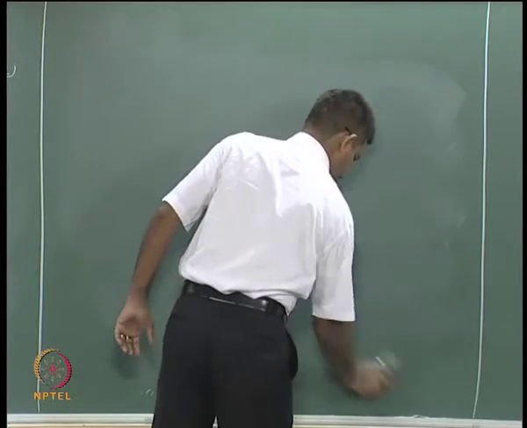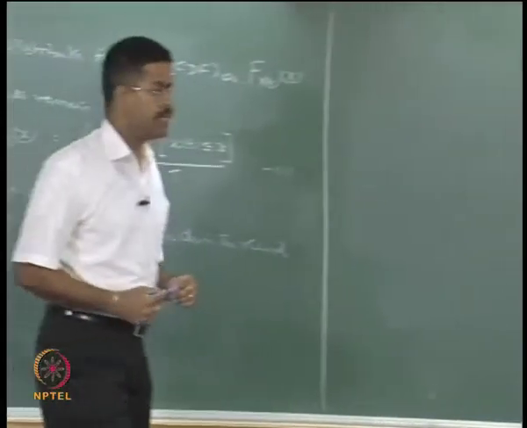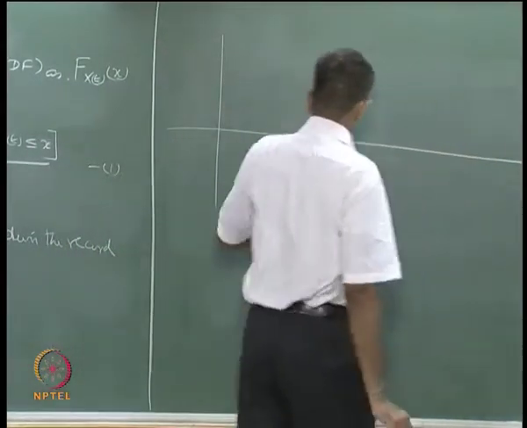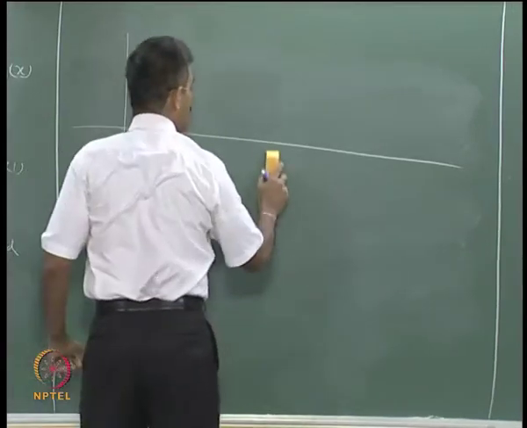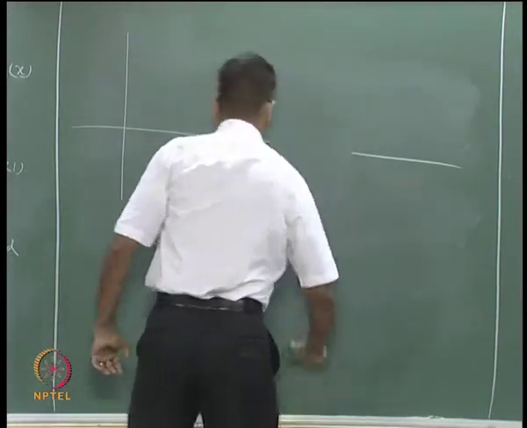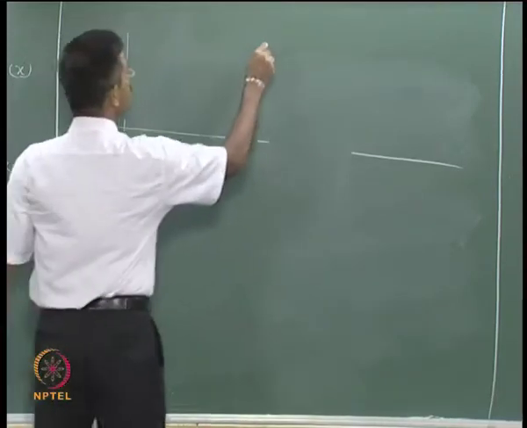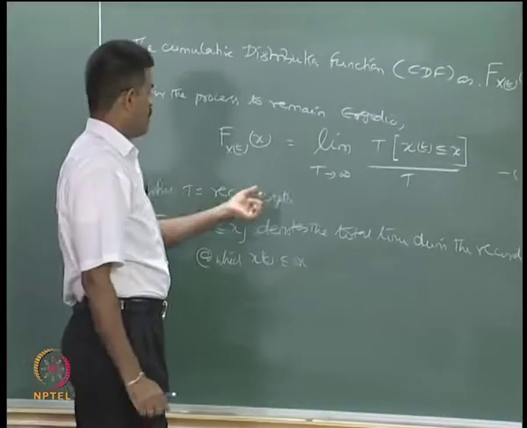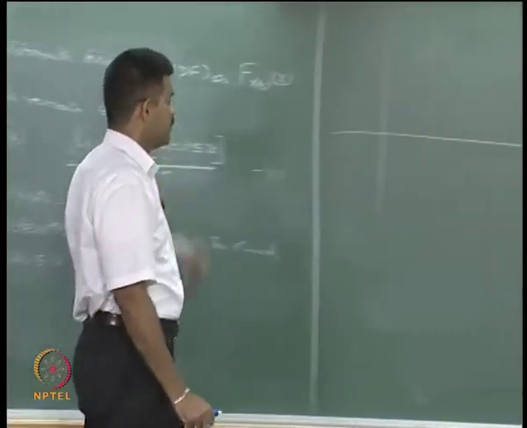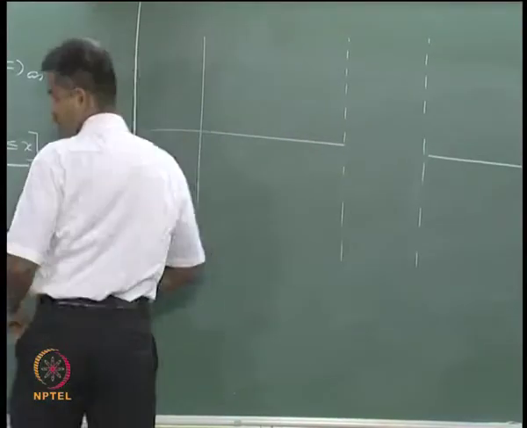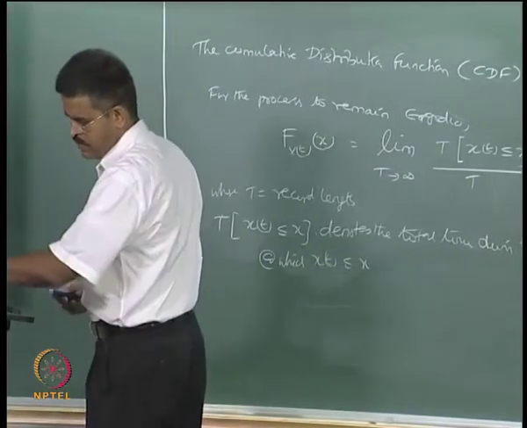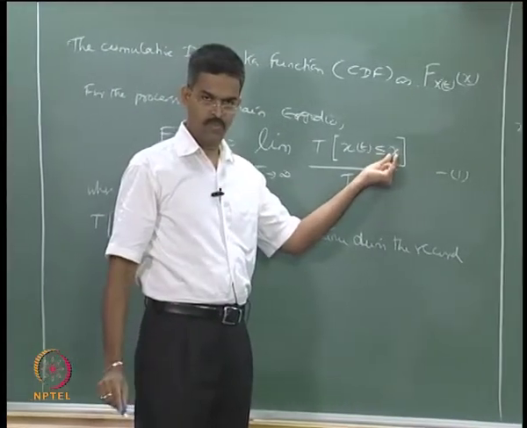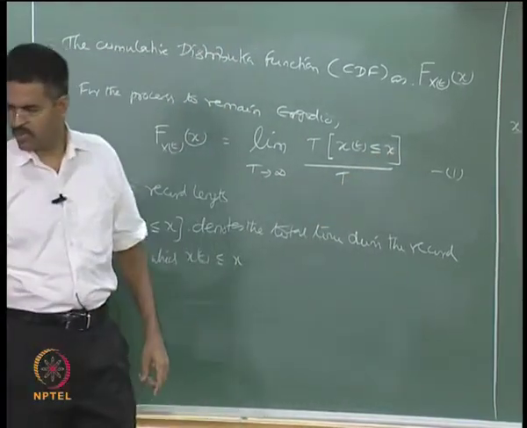So, I am picking up a sea surface elevation observed by observer A in a record like this. T is infinitely large, the record length is very, very high. This is my x value, some pre-assigned value, not 0, because we know sea surface elevation cannot be 0.